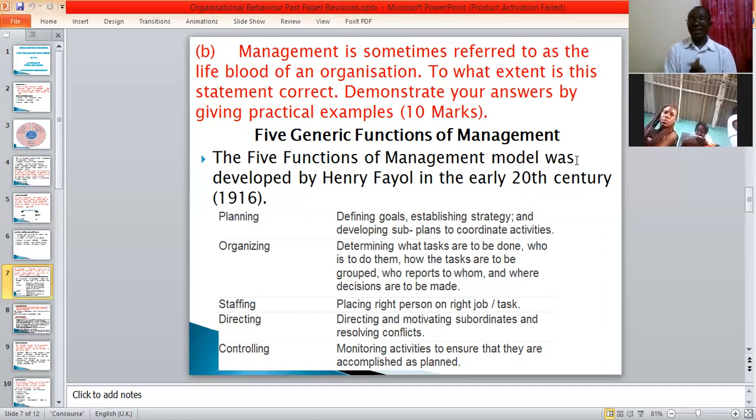Remember, the next function of management is organizing, where you put the tasks in order and coordinate the staff and the activities. So if such a question comes, just remember the generic functions of management according to Henry Fayol. Then you bring them in to show why management is the lifeblood of an organization.